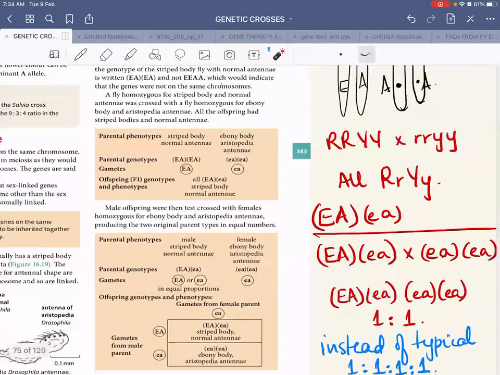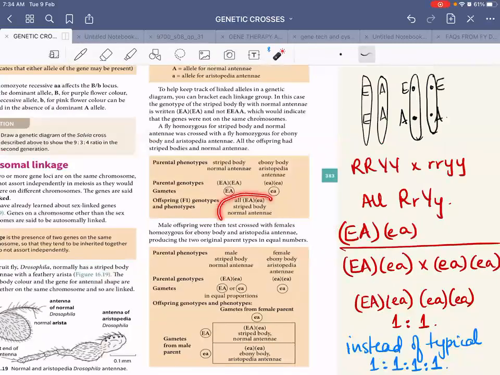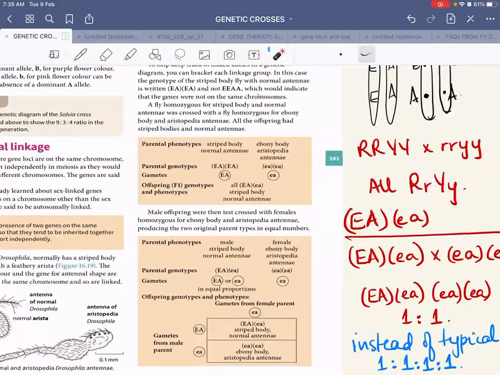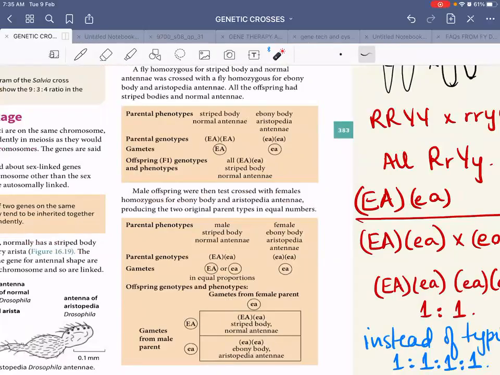But if we take an F1 offspring, which is heterozygous, and do a test cross with a homozygous recessive, instead of getting a typical dihybrid ratio of 1 is to 1 is to 1 is to 1, we get a ratio of 1 is to 1 only, which you can see over here: one organism which is heterozygous, and another organism which is homozygous recessive, which is a ratio of 1 is to 1.